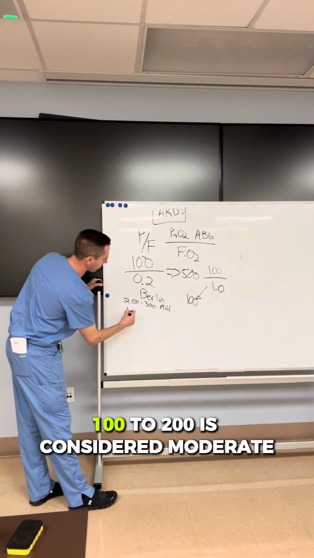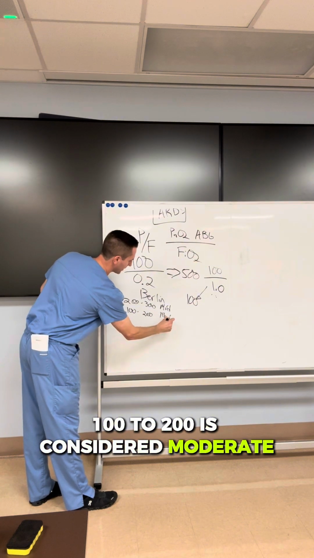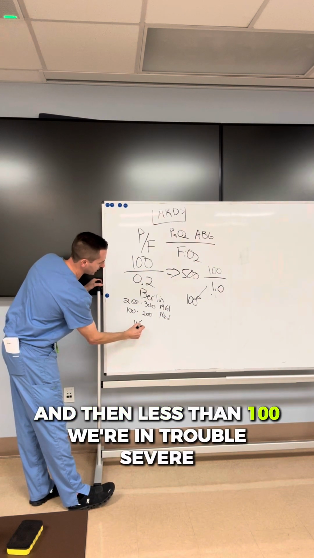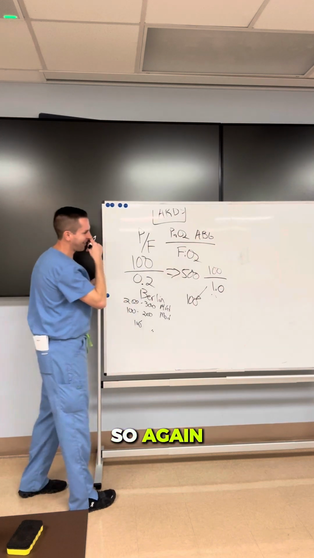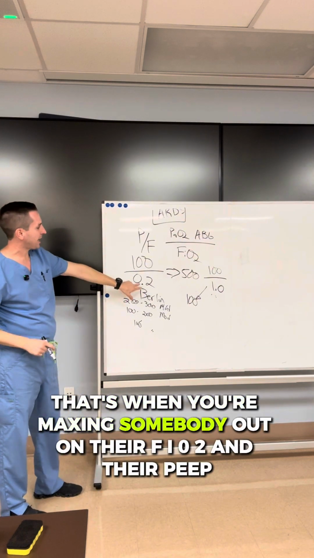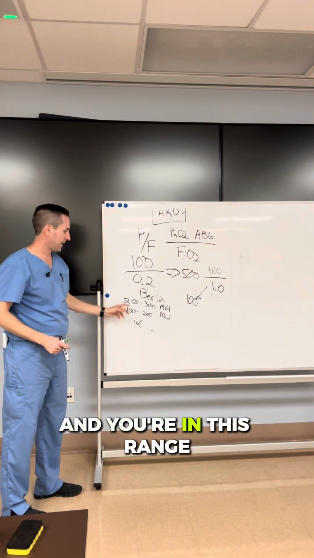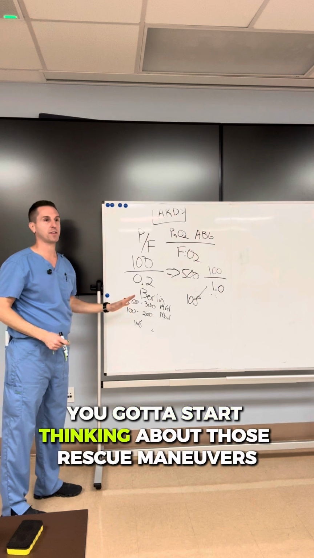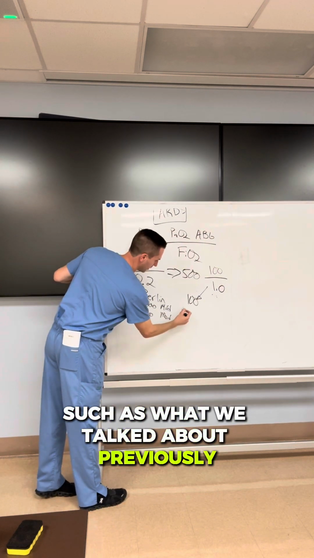Then 100 to 200 is considered moderate. And then less than 100, we're in trouble, severe. So again, that's when you're maxing somebody out on their FiO2 and their PEEP, and you're in this range. You got to start thinking about those rescue maneuvers, such as what we talked about previously.